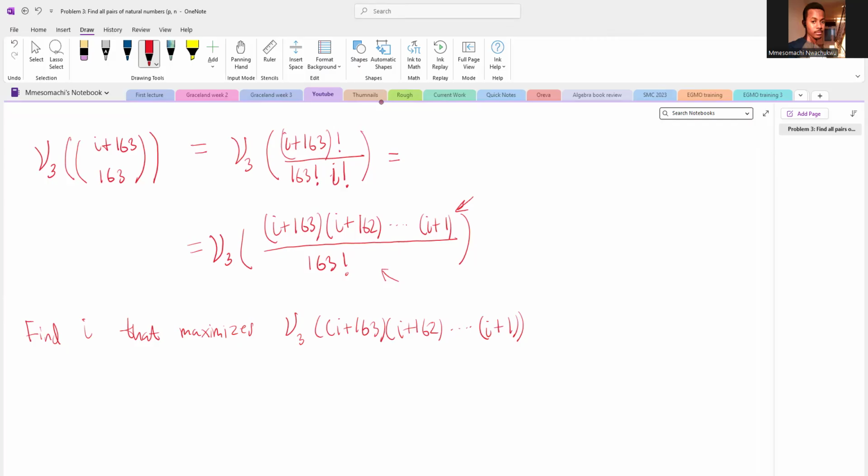Something else I'm going to point out is, by the Pigeonhole principle, let's look at this. How many factors do we have here? We have 163 terms being multiplied out.